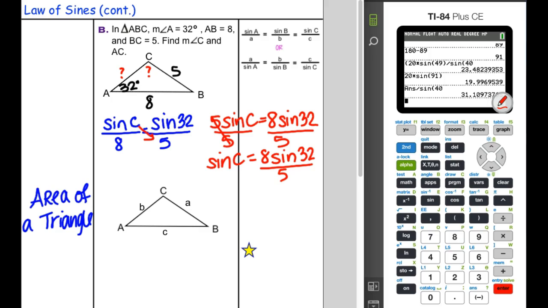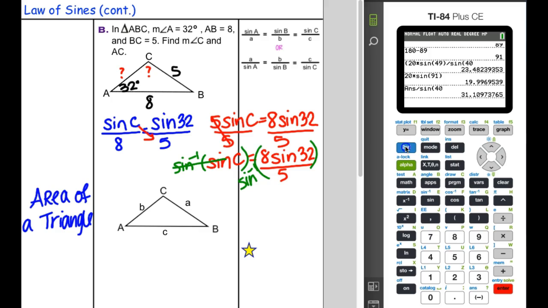We need to get rid of that sine, and if you recall from trig, in order to get rid of a sine, you need to take the inverse sine, which means that the measure of angle C will be equal to the inverse sine of 8 times the sine of 32 over 5.